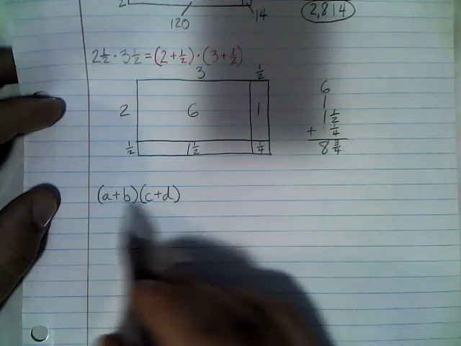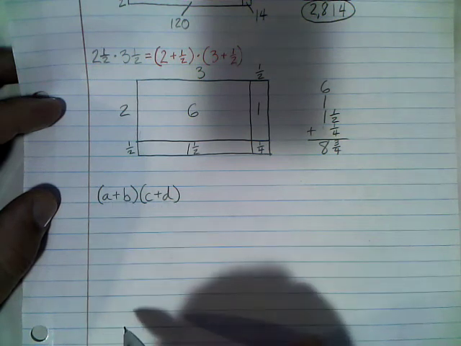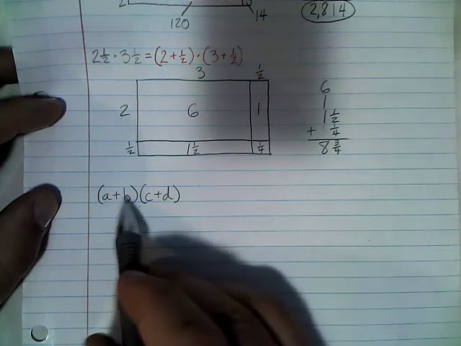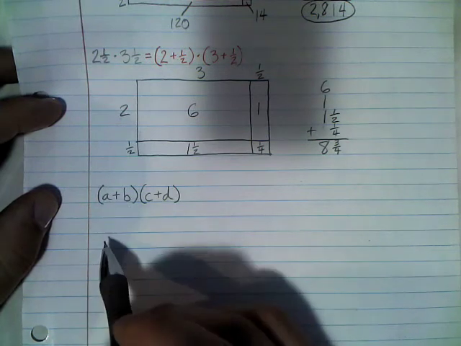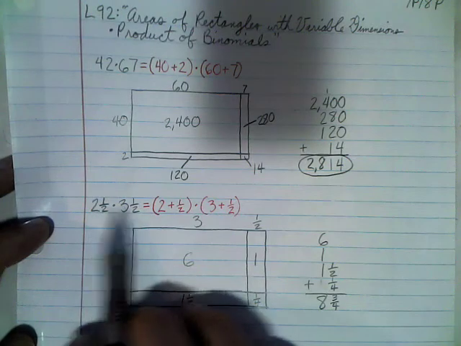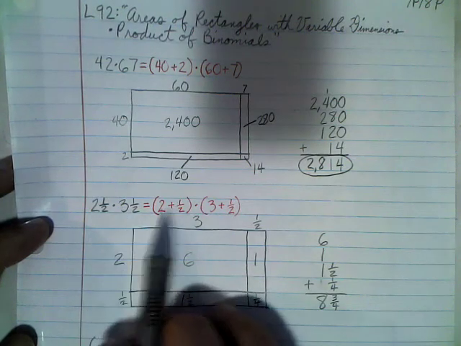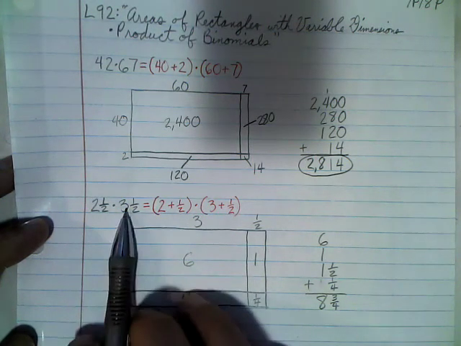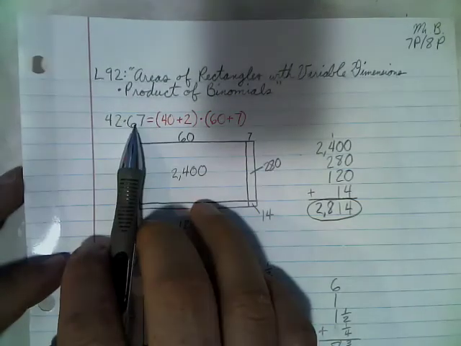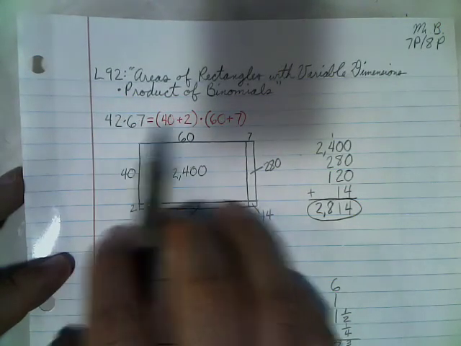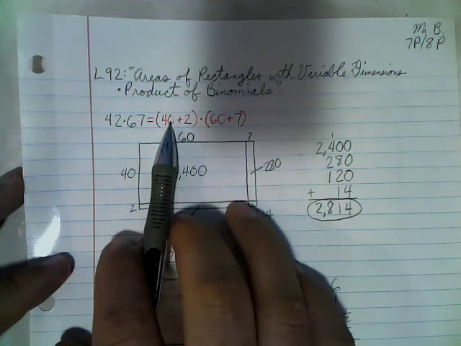Now, these are called binomials. They have two terms. Remember, terms are separated by addition. So technically, if we rethink these like this, we change our mixed numbers into binomials. Likewise here, if we rethink 42 and 67 like this, we turn them into binomials.